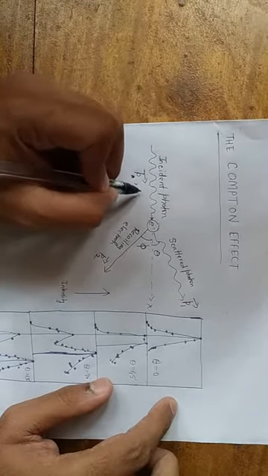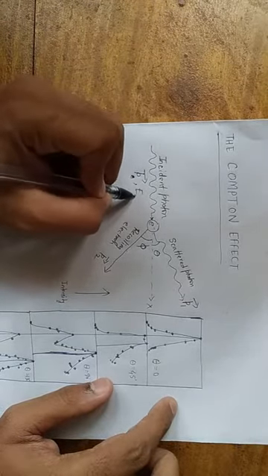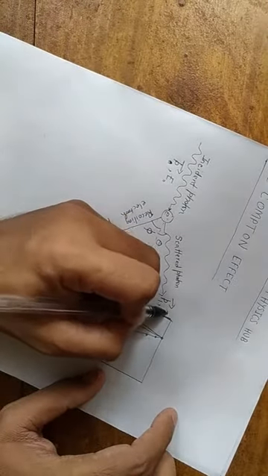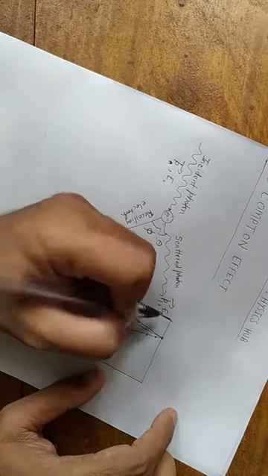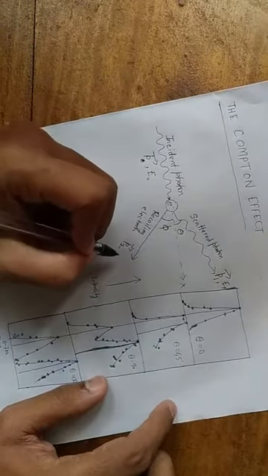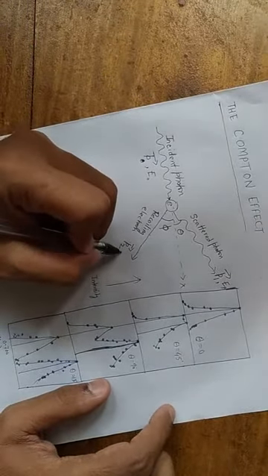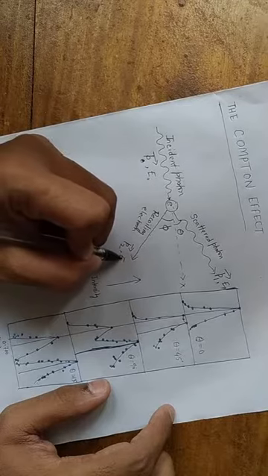Consequently, the energy for the incident photon should be E naught, the energy for the scattered photon should be E1, the energy for the recoiling electron should be E2.